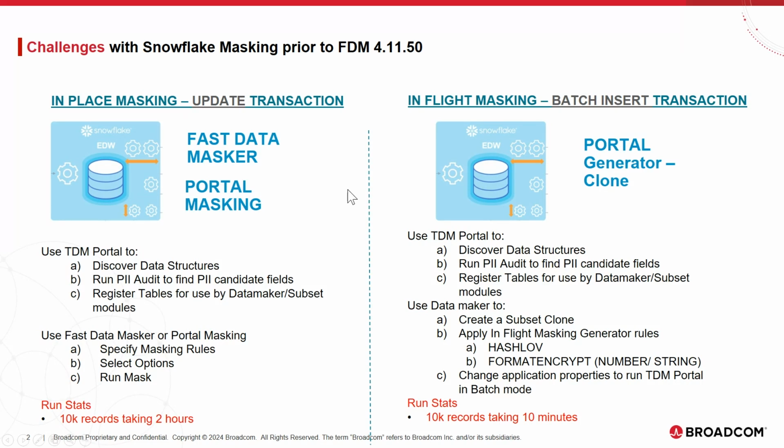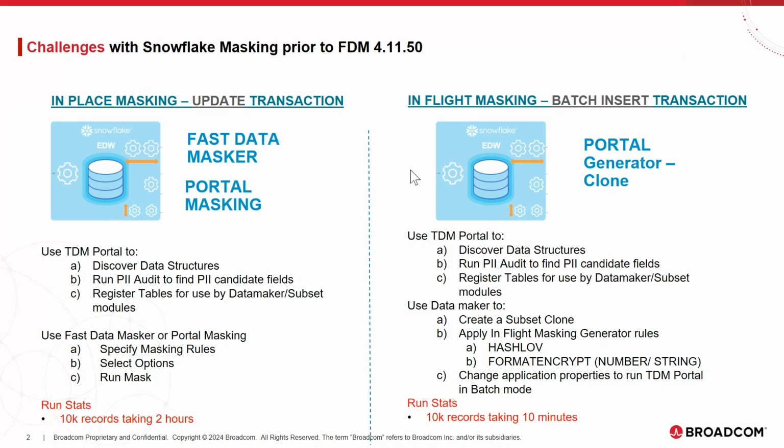We did introduce some incremental upgrades in one of our versions prior to 4.11.50, as part of which we were able to use the generator based clone approach to mask data by performing an insert from a source to a target and performing the masking in flight as we're moving the data from a source to a target using the TDM portal. Even with that approach, and using some other additional upgrades and bulk masking techniques, we were able to bring it down to around the same 10K records to mask under 10 minutes.